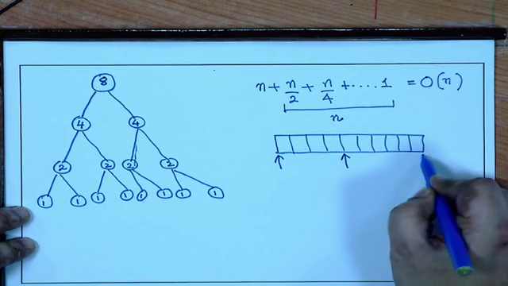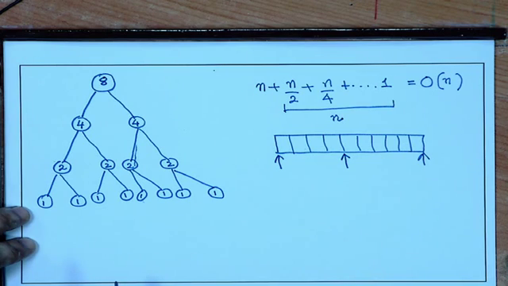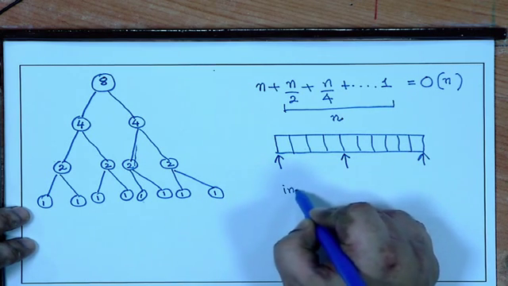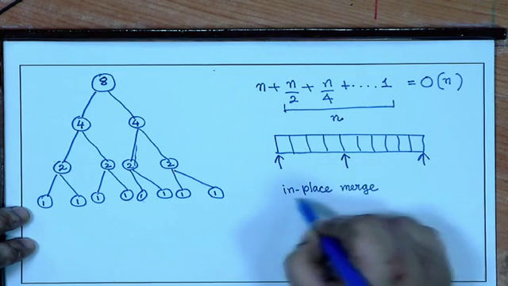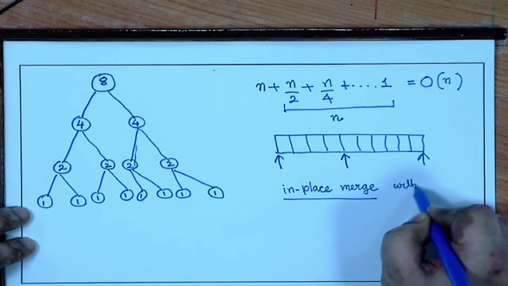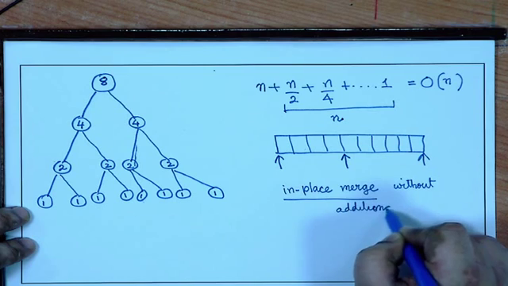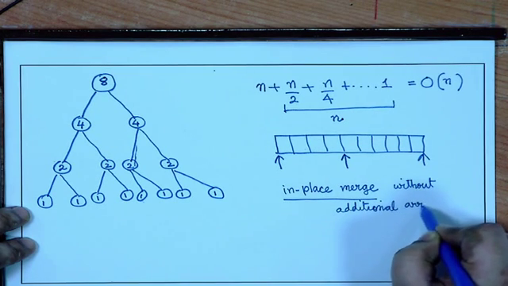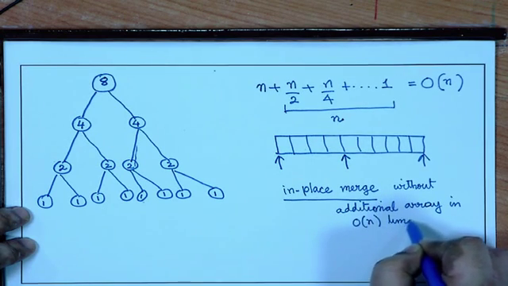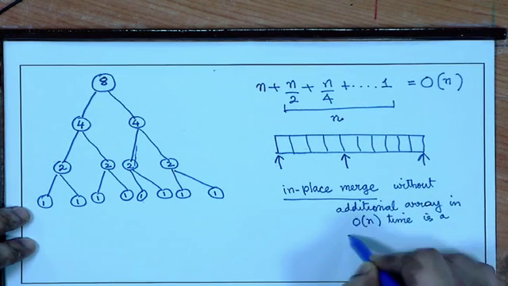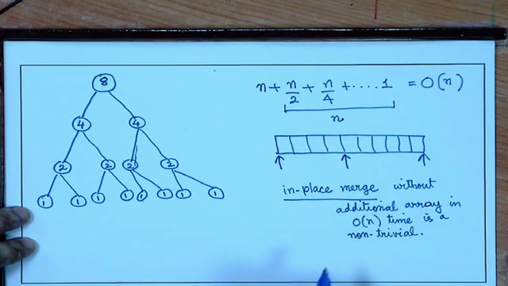But when I have to merge two sorted lists, in place merge without additional array in order n time is a non-trivial problem. I will request you to try it yourself.